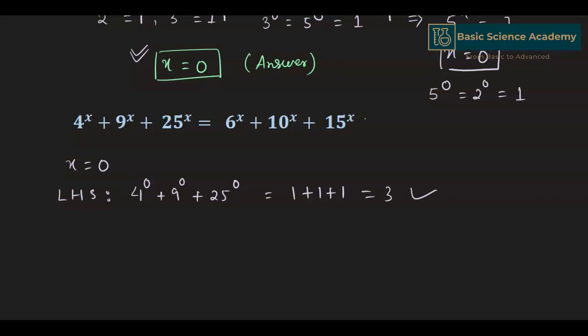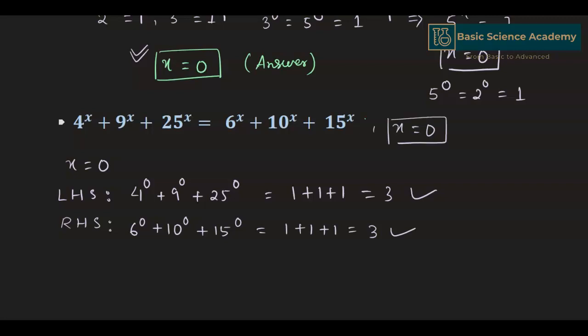Now, for the right hand side, 6 to the power of 0 plus 10 to the power of 0 plus 15 to the power of 0 is equal to 1 plus 1 plus 1, which is equal to 3. So the left hand side is equal to the right hand side. Hence, x is equal to 0 satisfies this equation. Hence, x is equal to 0 is the only answer.